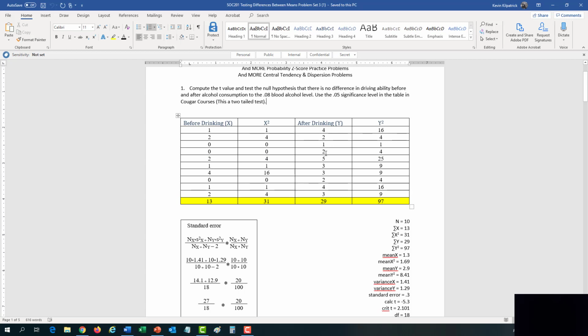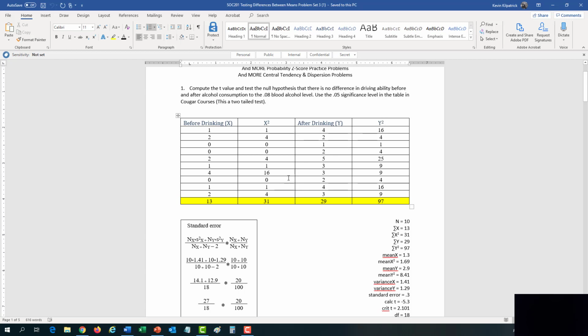I put X next to before drinking, and in the column immediately to the right, I have X squared, and then Y is after drinking, and the column to the right of that is Y squared.